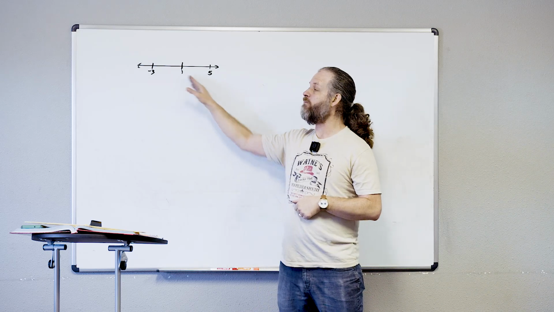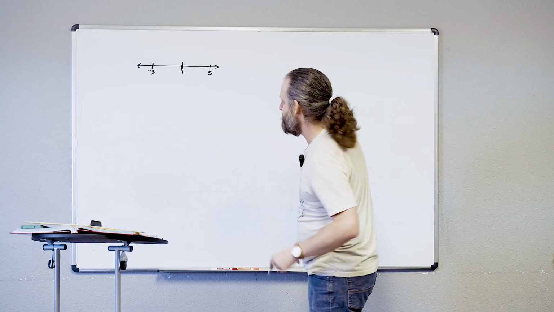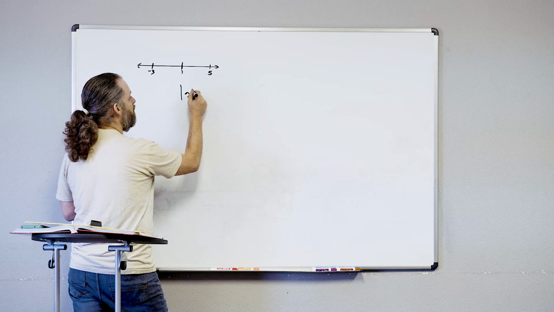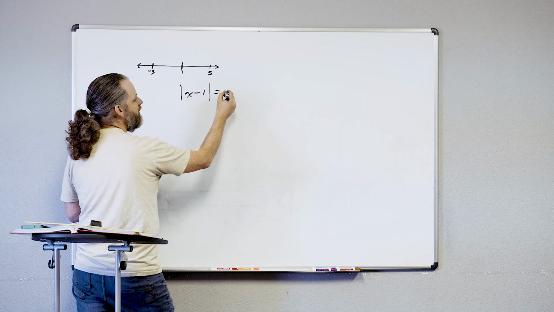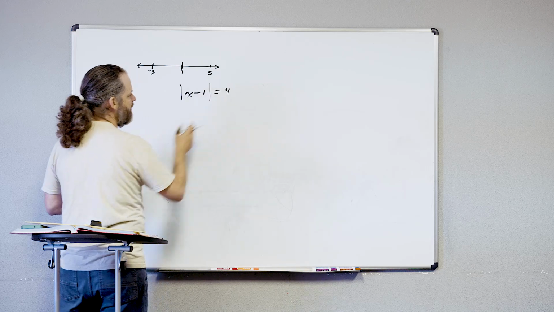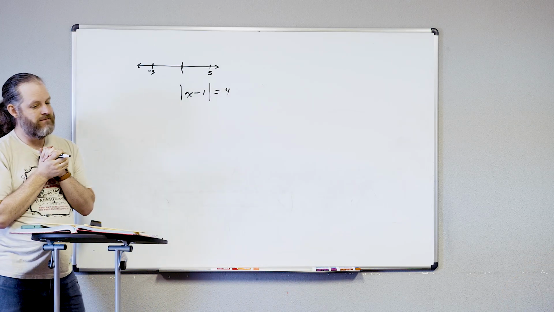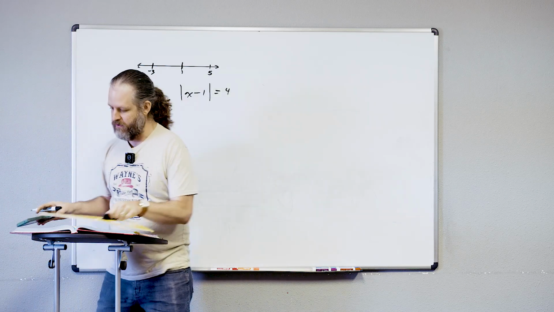So I'm actually going up 4 and down 4, not 5, right? So it would be the absolute value of x minus 1. You did that part right. Good job. Virtual high five. But it equals 4 because we went up 4 and down 4. Make sense? What other questions do we have from this lesson?